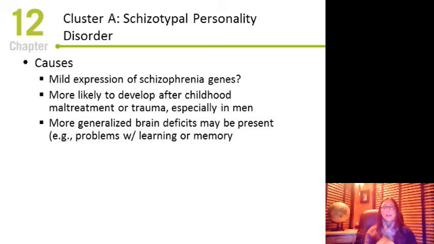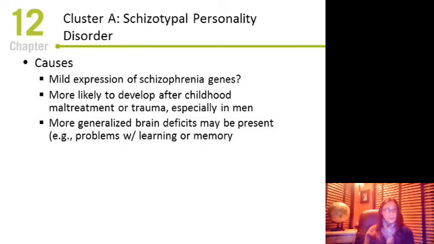Okay, so the causes of schizotypal PD. Like a lot of this, as we've discussed in class many times, these are possibilities. They're not definite, not things we know for sure, but they're good possibilities, ideas that the psychology profession has about the possible causes. So they wonder: mild expression of schizophrenia genes, possibly.